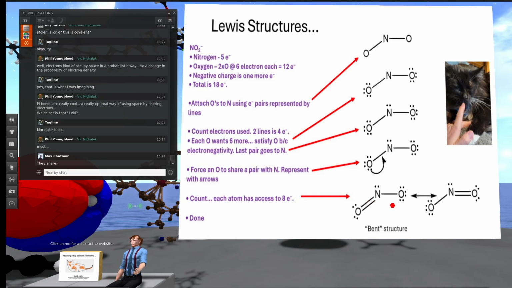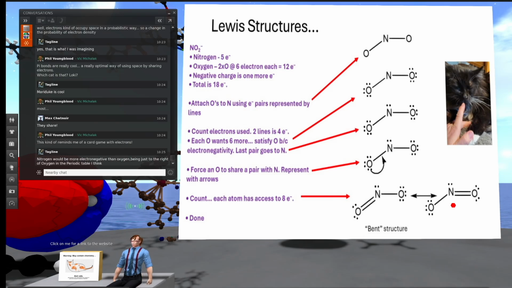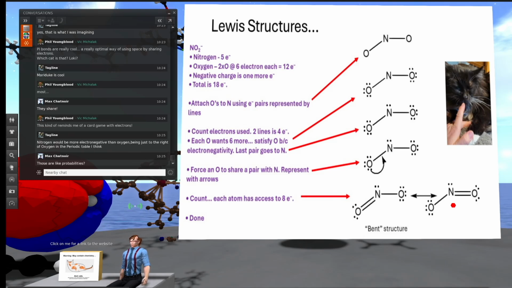So what gives? Well, the problem here is that these Lewis structures over-represent the localization of electrons. The lines are great. A sigma bond, a bond between an N and an O that is between the two atoms, is usually a pretty good representation of the localization of those two electrons.